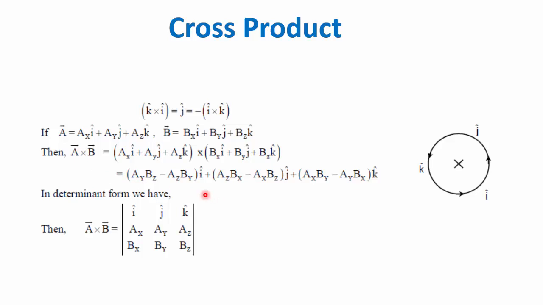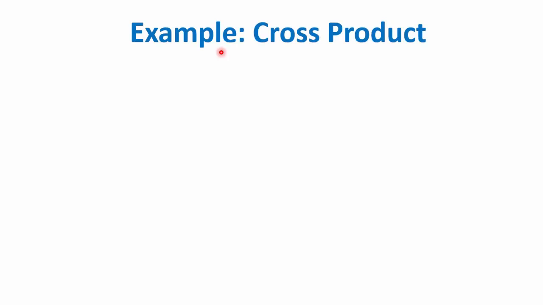Obviously a cross b will give you a result as a vector where the vector will have three directions i, j and k. You can also determine in a determinant form a cross b taking this rule. So you will get the same, either you can follow this formula or you can use the determinant formula to calculate the cross product of two vectors.